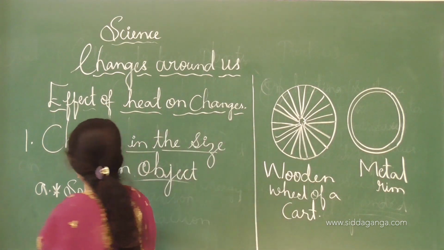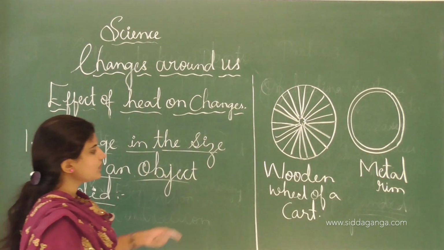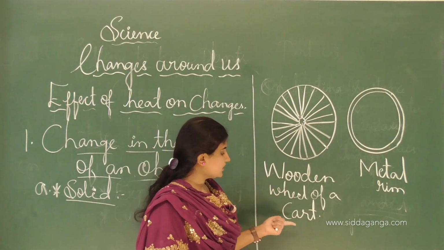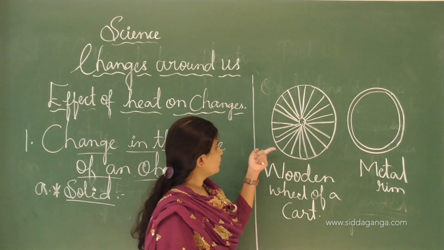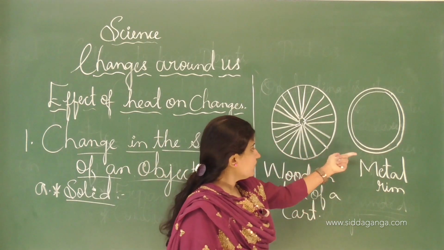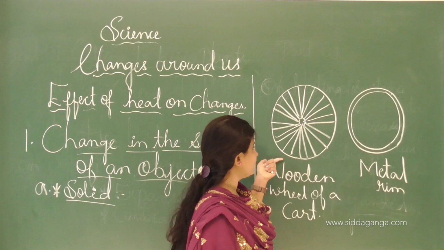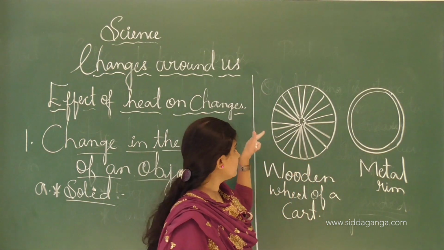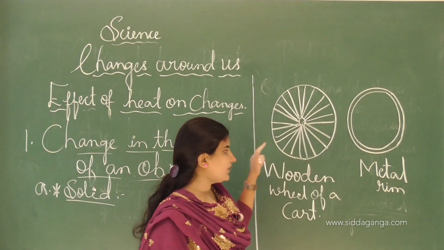In solids, one more example is there. Consider this is a wooden wheel of a cart, like a bullock cart. This one is the metal rim. It is impossible to fix the metal rim on the wooden wheel of a cart.